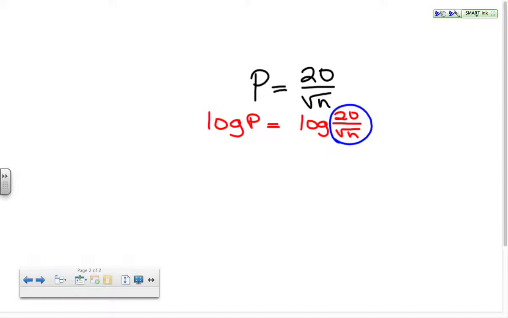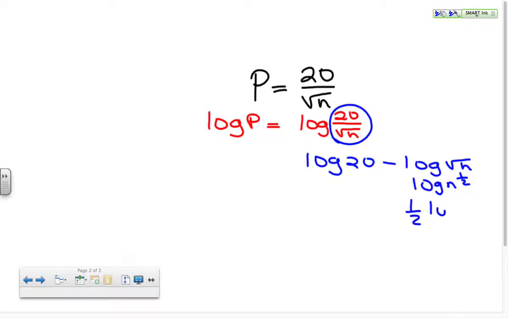So if you remember correctly, with division, we changed that to a subtraction problem. Log 20 minus log square root of n. But my n is still not by itself. It has this radical on it. So we're going to change this to log of n to the 1/2. And now I can change it again to 1/2 log n.